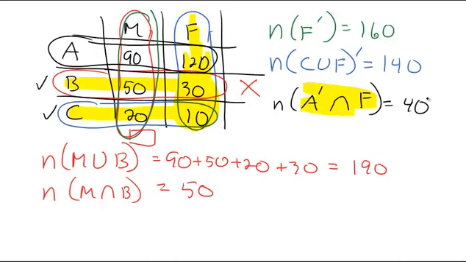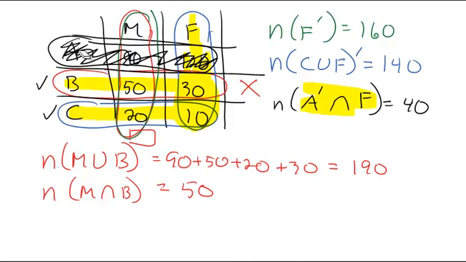You can draw these tables over and over again. Of course, I did one because I'm pressed for space. But if you were going to tackle this one on your own, it would probably be easier to just scribble this one out so you can't see it, and then know that, okay, it's the complement of A, which is this stuff, intersected with F, and you circle and go, all right, it's these two, and you're done with it that way.